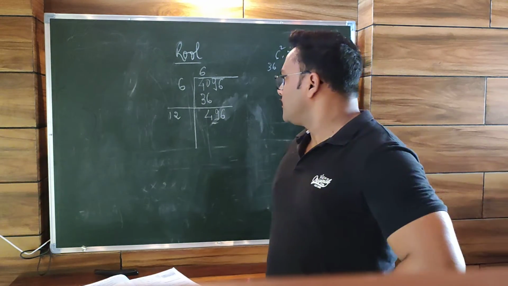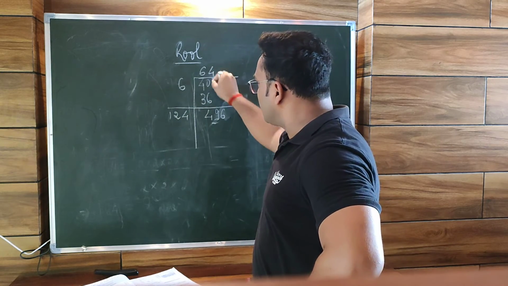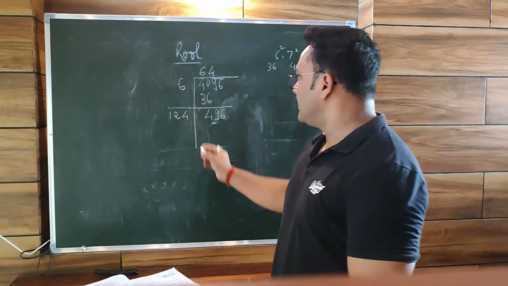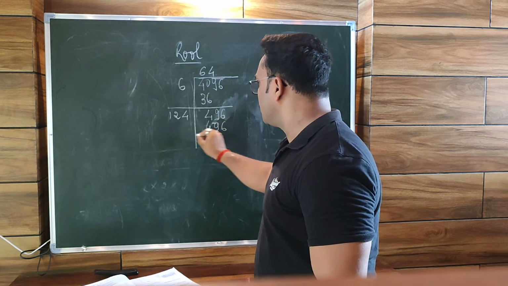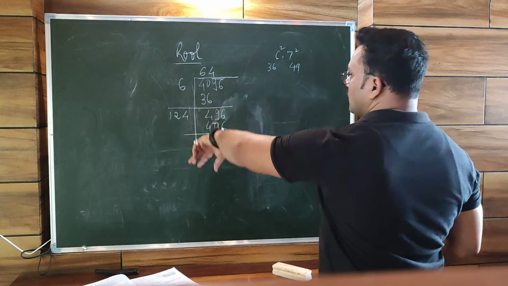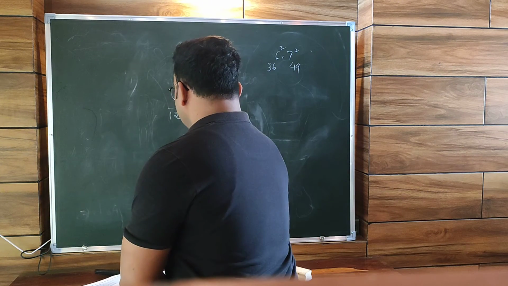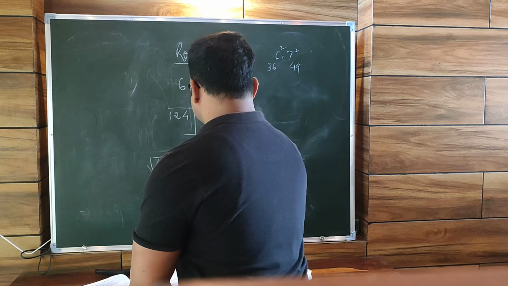So by 4, and by 4 here also. You have to divide. 4 fours are 16, 4 twos are 8, 4 ones are 4. So it is all cancelled. So we can see that root 4096 is equal to 64.